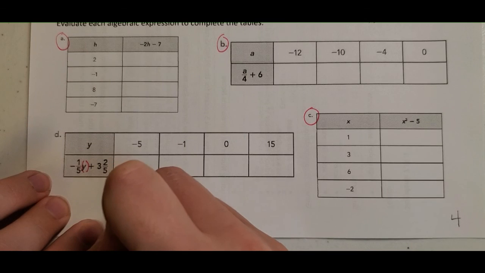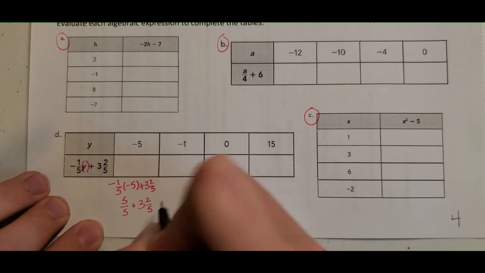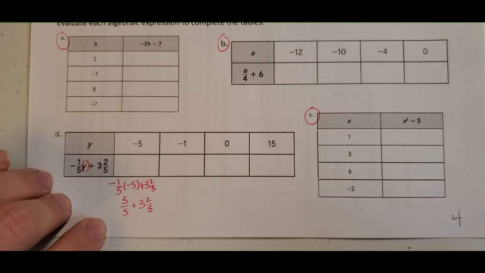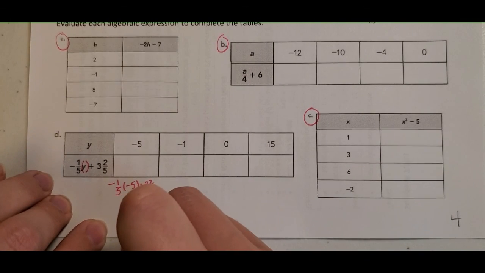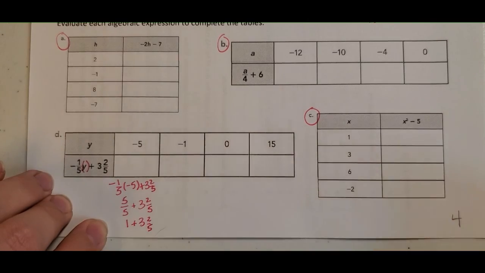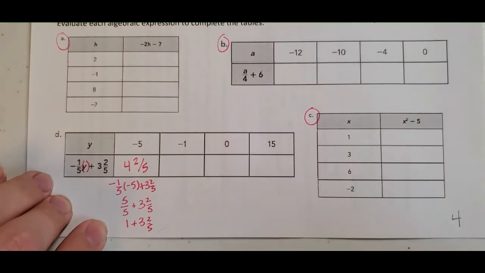So I have 5 over 5 plus 3 and 2/5. Well, 5 over 5 is a 1. So this is like 1 plus 3 and 2/5. 1 plus 3 is 4, and just add on the 2/5.